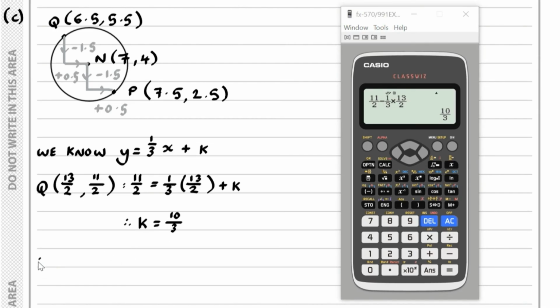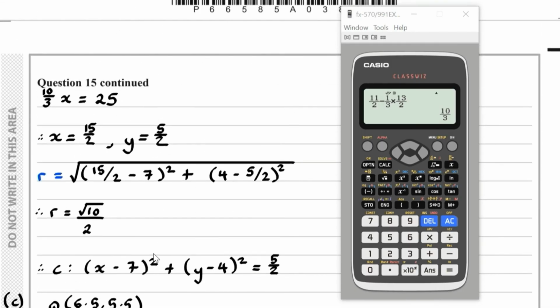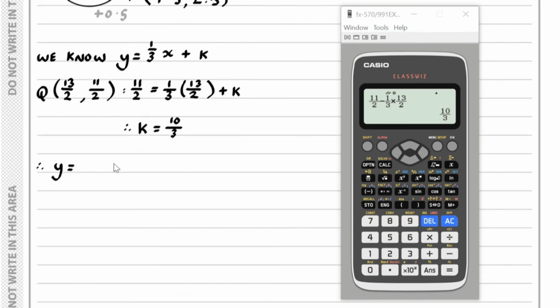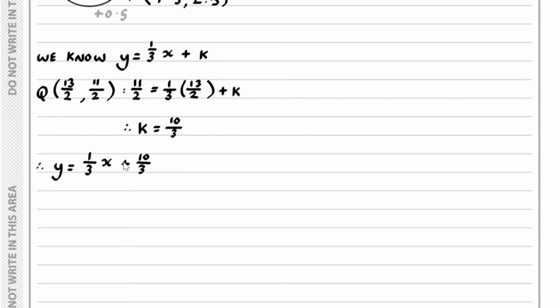And so therefore, y is equal to 1/3 x plus 10 over 3. That's the equation of the line, which is also a tangent to C.